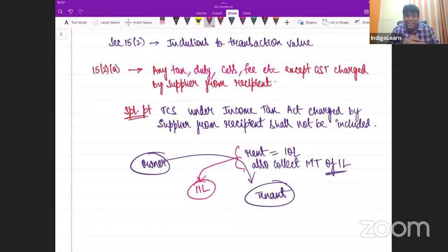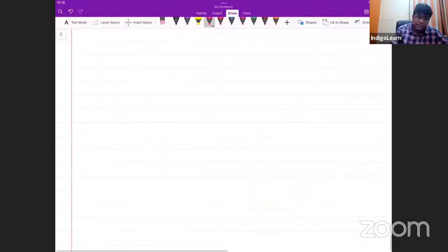Balance only we pay. So it's something like an interim levy. That's why it is not included. That is why it's a special point, that any TCS under income tax charged by supplier from recipient will not be included. So this is the story of 15(2)(a), any tax, duty, cess, fee charged by supplier from recipient is included, except GST and of course TCS under income tax. Then next point.